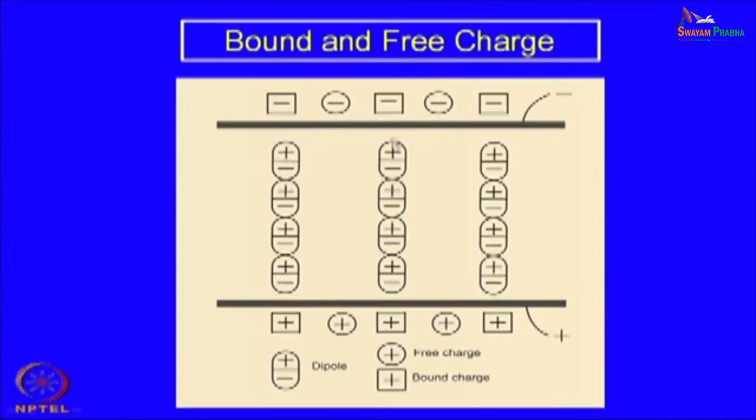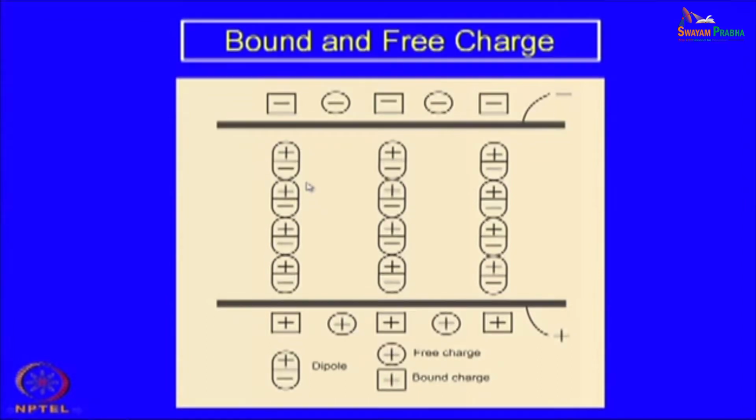So, whatever charges are inside the material, they will bind some charges on the surface of the electrodes. On this side the negative charge will be bound by this positive charge, and on this side this negative charge will bind this positive charge. So, that way there will be realignment of positive and negative charges, and each of them forms a dipole.